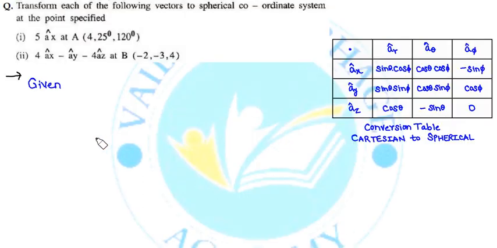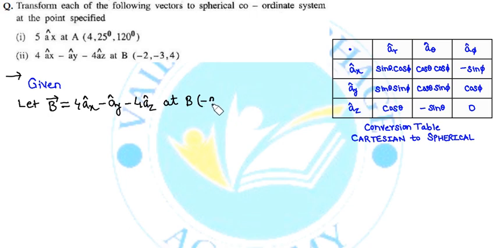In the second part of this numerical, we are given some vector. We are going to assign some name to that vector. Let us assume that given vector is vector B, and it is equal to 4ax cap minus ay cap minus 4az cap, which is located at point B. Sorry, we will assign another name to this vector.